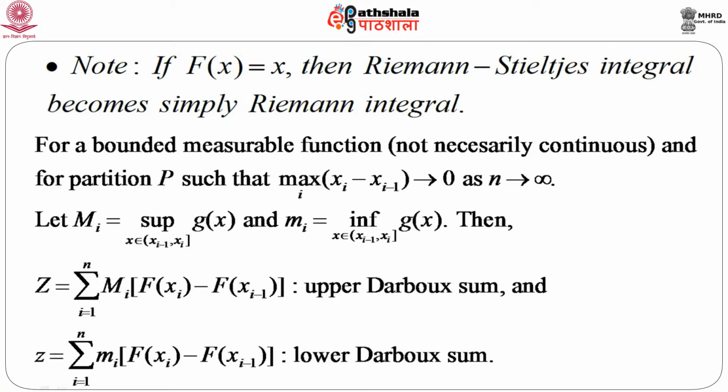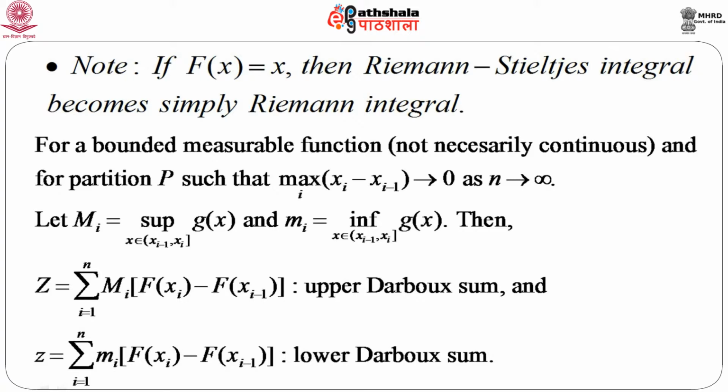And if capital M_i is the supremum of g(x) within the ith subinterval, and small m_i is the infimum of g(x) within this ith subinterval, then we can define capital U as the sum over this supremum M_i into F(x_i) minus F(x_{i-1}), and we denote this by the upper Darboux sum.